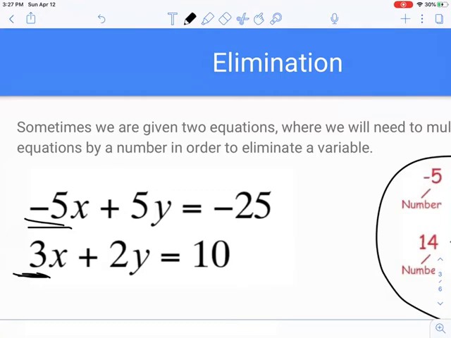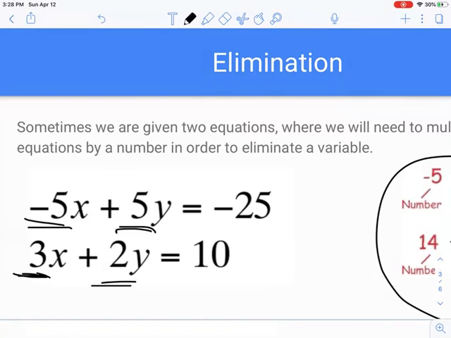And same goes for the y's. You cannot multiply 2 by any number to get a 5, and we cannot multiply 5 by any number to get a 2. So this is a case where we would need to multiply both equations by a number in order to create additive inverses for either the x or the y's.